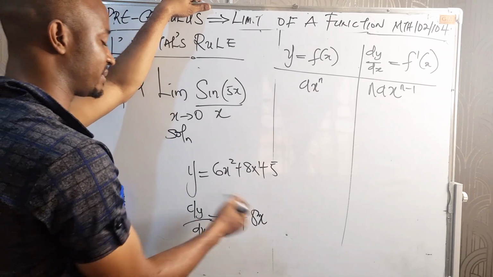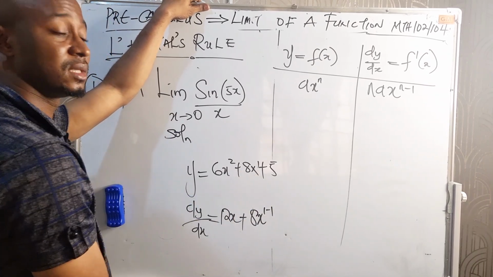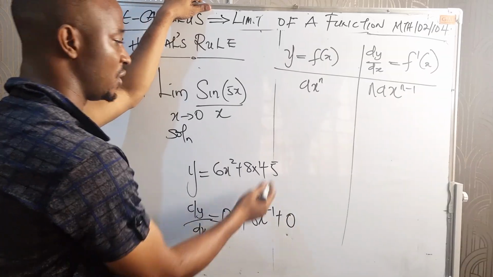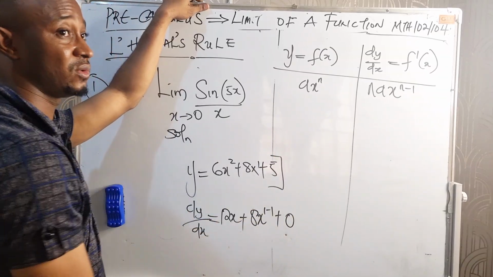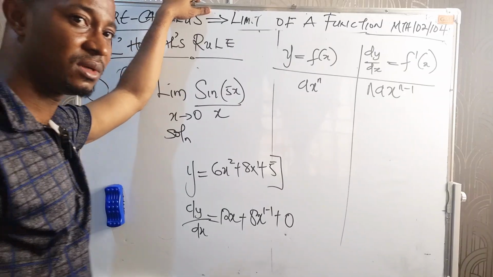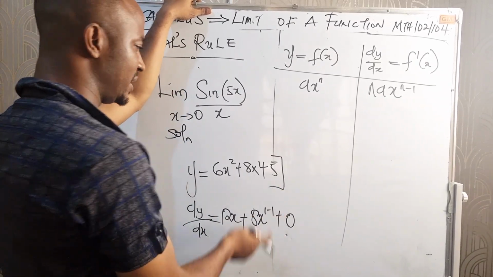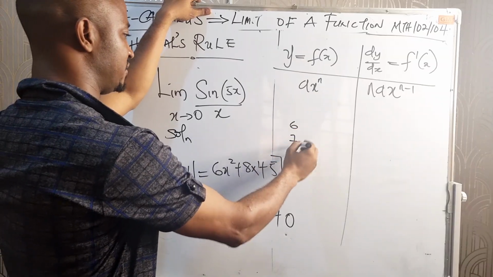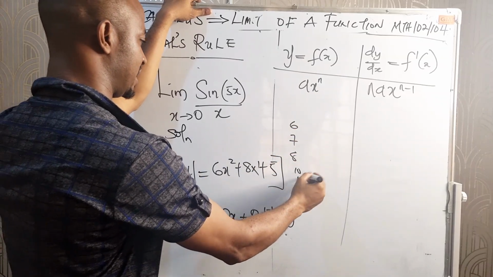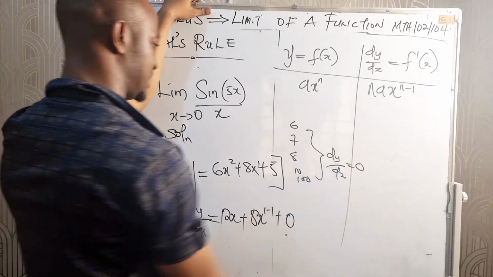The rule says subtract 1 from the power. Then plus 0. Why is this 0? Because this is a constant value, and any constant value has a derivative of 0. That is why, like 6, 7, 8, 10, 100, if you differentiate them, their dy dx is equal to 0. Please take note.